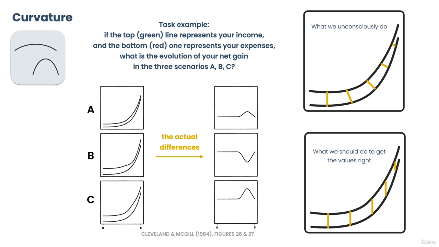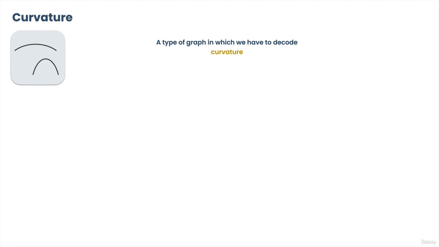This is what we should be doing to get the values right. So what happens is that we get very surprising results when we observe the actual curve differences. So judging differences between curvature is a very difficult task, and we would be much safer by just plotting the differences instead of leaving this very hard calculation up to the reader.